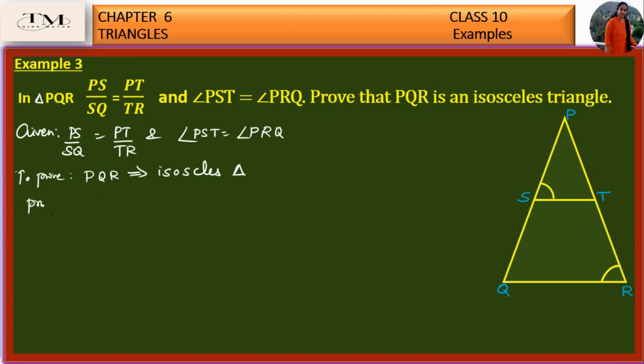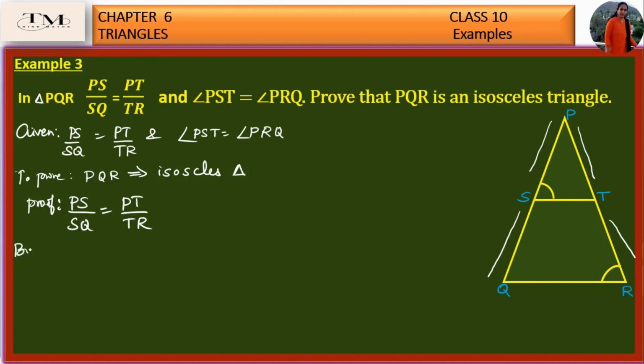So let us prove here. So they have given PS by SQ equal to PT by TR. So this ratio PS by SQ is equal to PT by TR. So what happens? By converse of basic proportionality theorem, we will have ST parallel to QR.